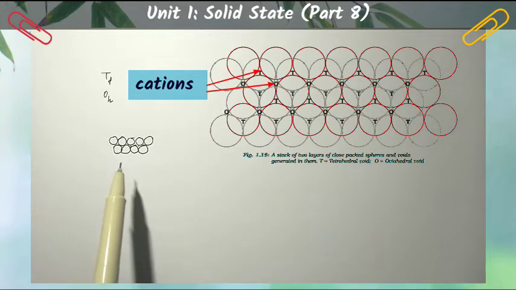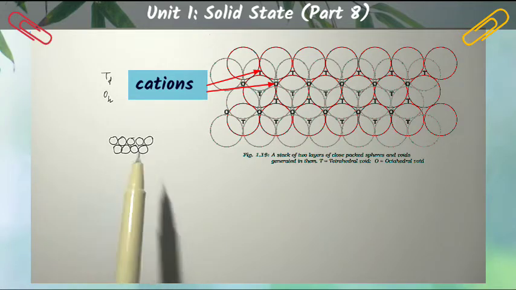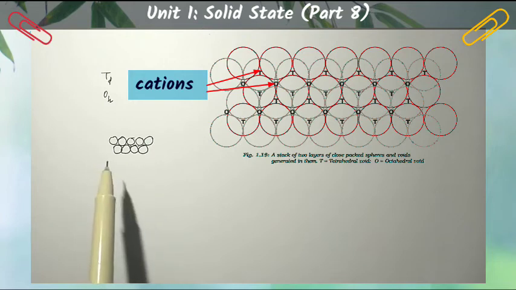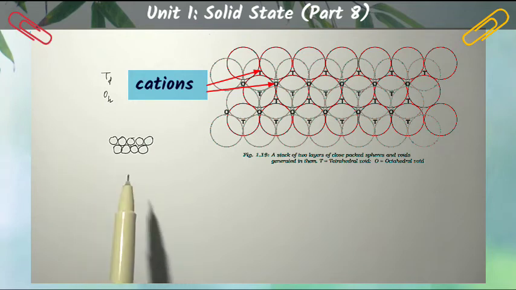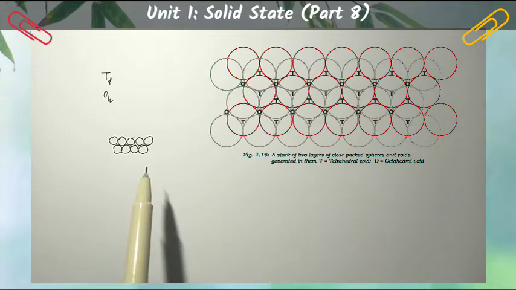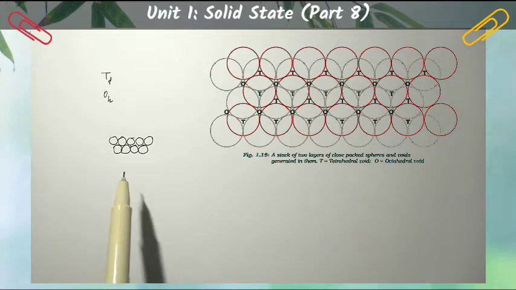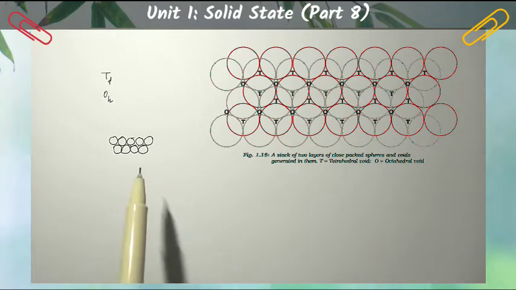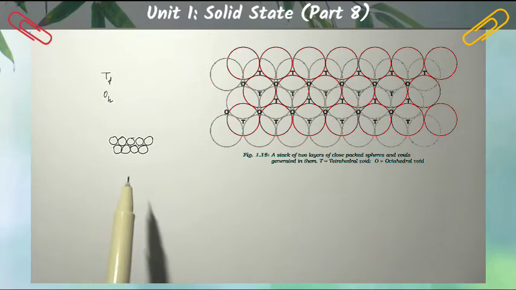If the size of the cation is very small, then they will occupy the tetrahedral voids, and if the size of the cation is slightly bigger, then they will occupy the octahedral voids, as the octahedral voids are bigger than the tetrahedral voids.